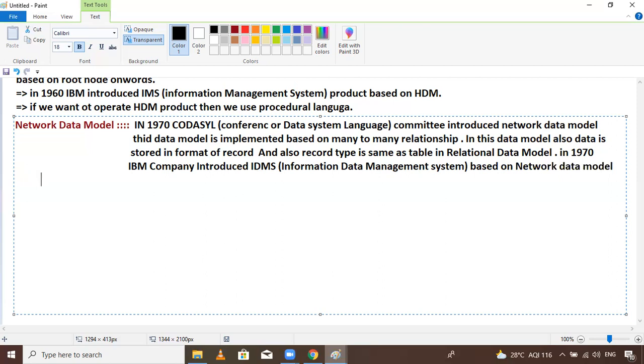So we introduced one product in the 1970s, IDMS. If we want to operate a network data model product, then we must use a procedural language.